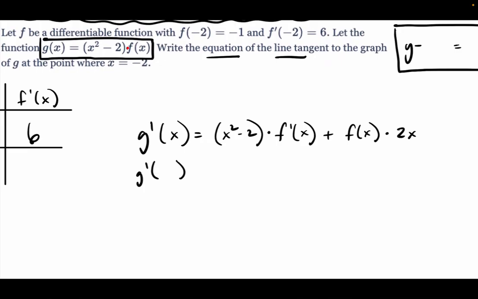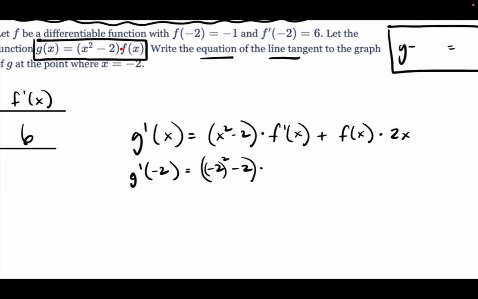So I need to find the slope of the tangent line when x is negative 2. Everywhere there's an x, I'm going to plug in a negative 2.